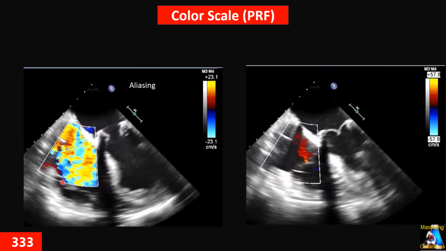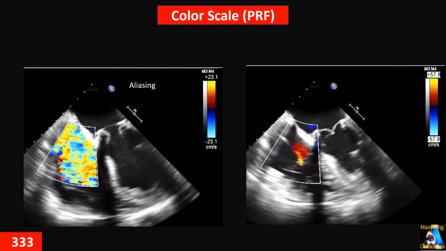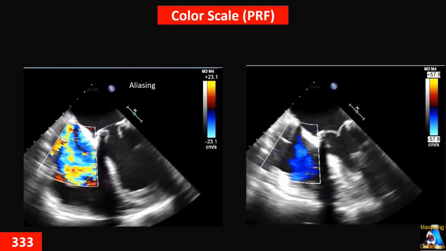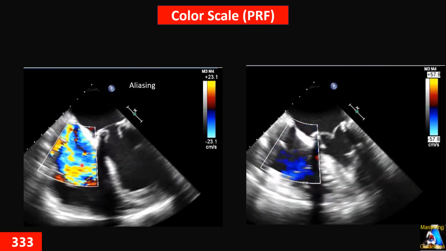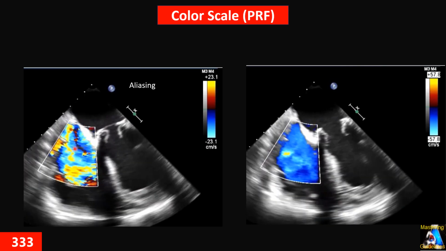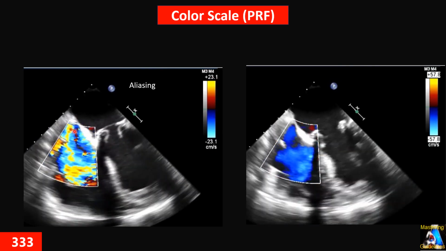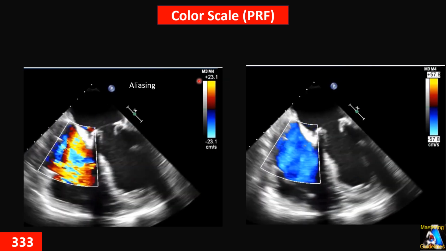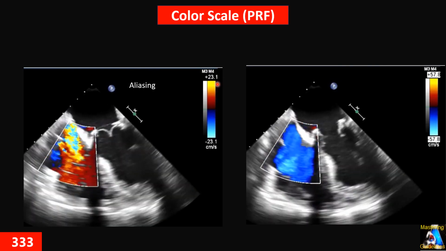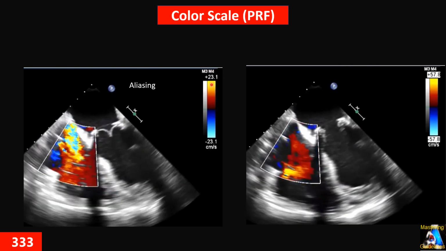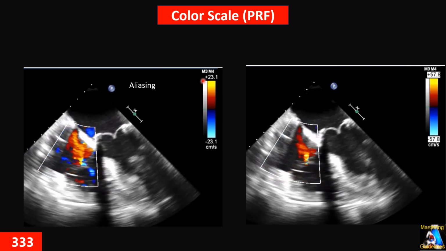As you remember from another lecture, we talked about the differences between aliasing and turbulence. Just a short reminder, aliasing is when the velocity goes beyond the Nyquist limit. The machine registers it the other way.